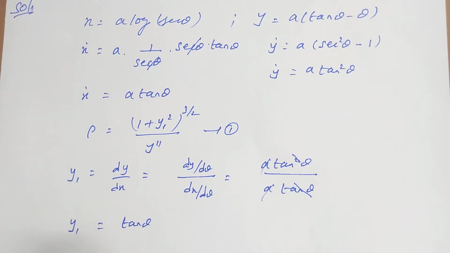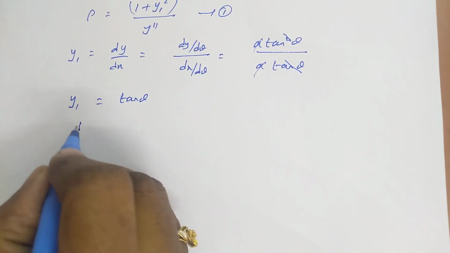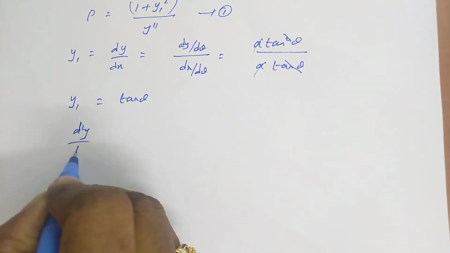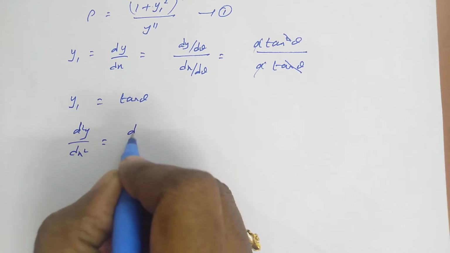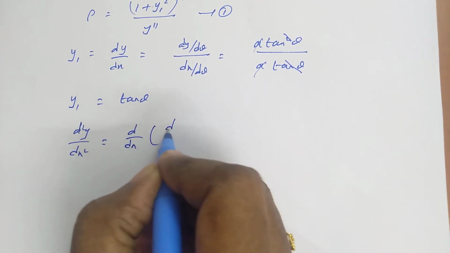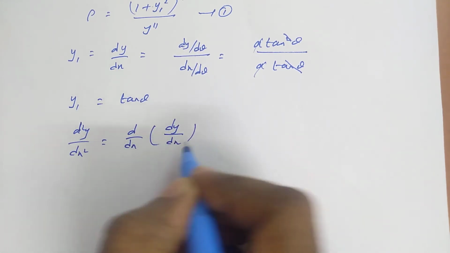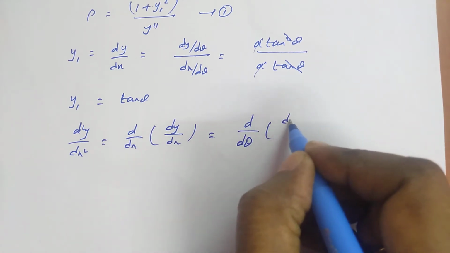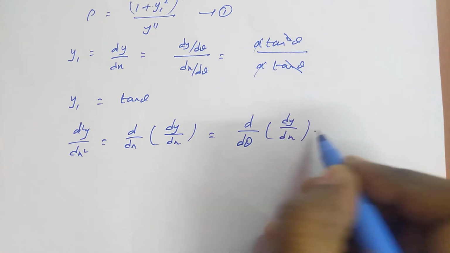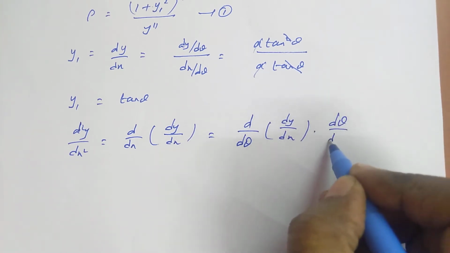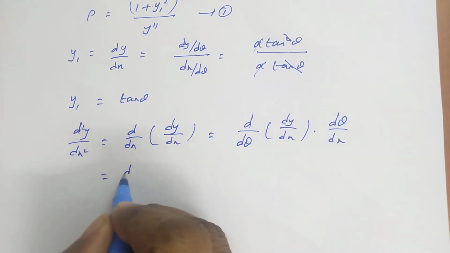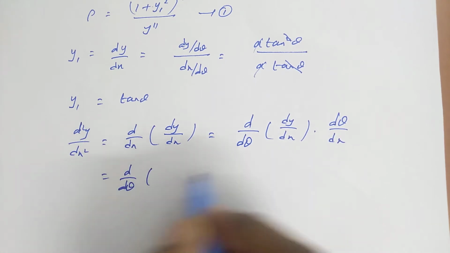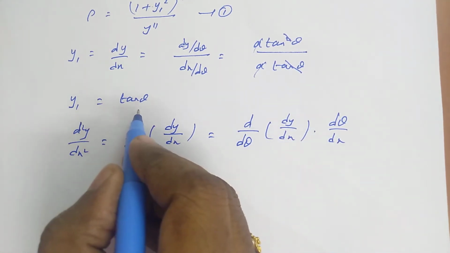Now we need the second derivative, that is d square y by dx square. So d square y by dx square equal to d by dx of dy by dx, and this can be written as d by d theta of dy by dx into d theta by dx. So d by d theta of, what is our dy by dx? That is nothing but tan theta.